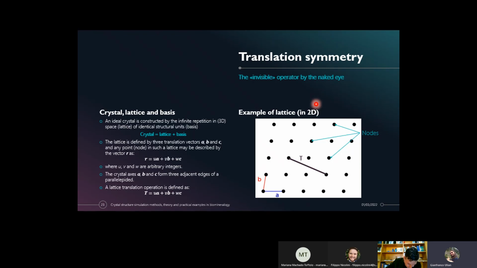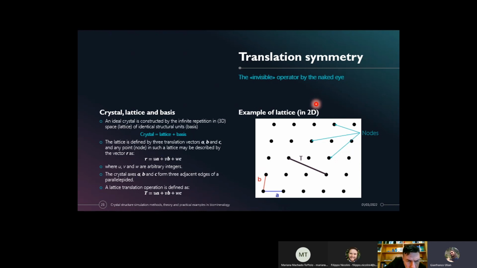Translational symmetry refers to the atoms inside the structure, something that is not visible to the eye. There is an uncountable number of atoms inside this cell phone. If it were a perfect crystal, they would be almost infinite from our perception, and they are repeated in space.